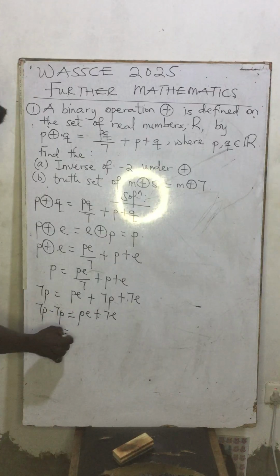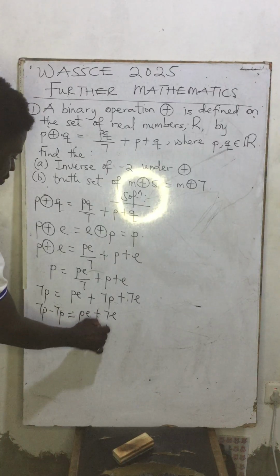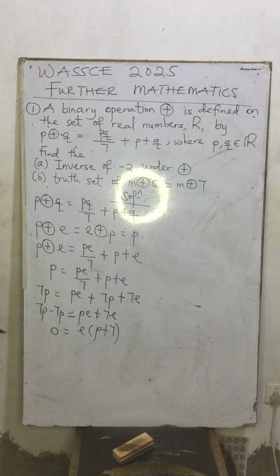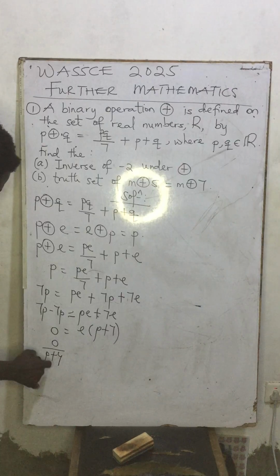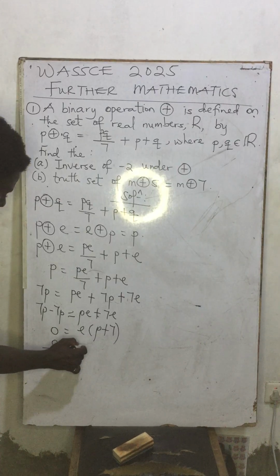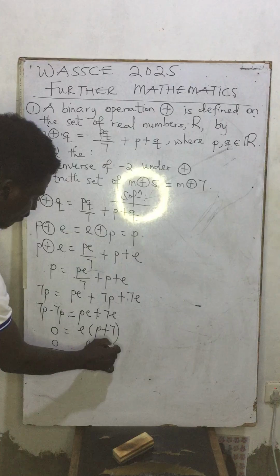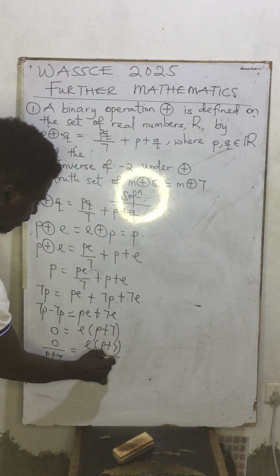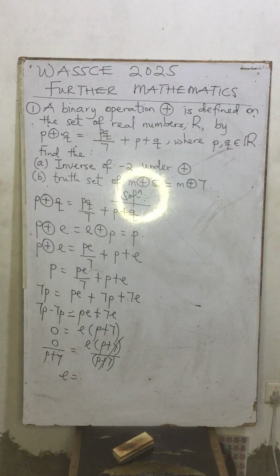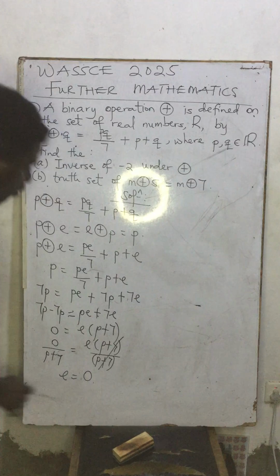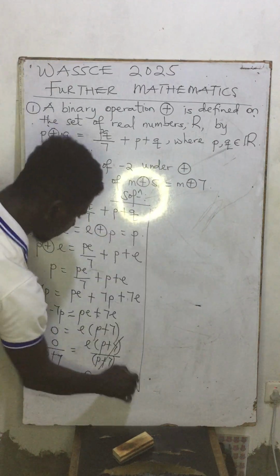It's equal to, when you factorize E out, E times P plus 7. We divide both sides by P plus 7. So 0 over P plus 7 equals E times P plus 7 over P plus 7. This cancels, so E equals 0 divided by P plus 7, which is just 0.